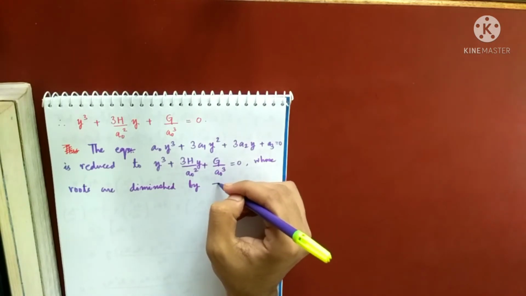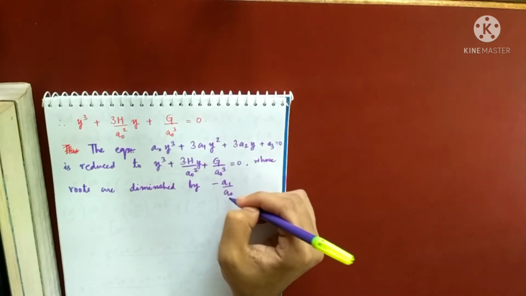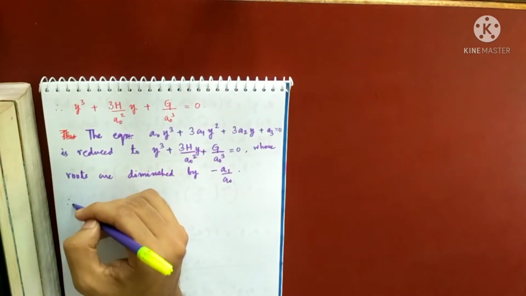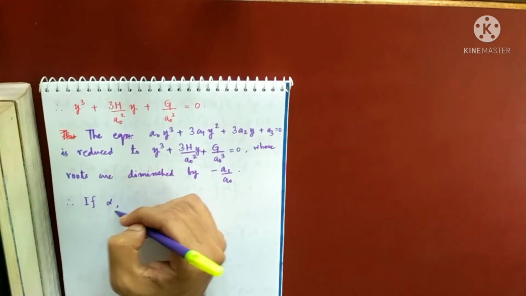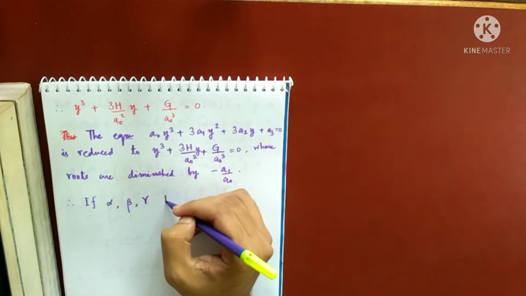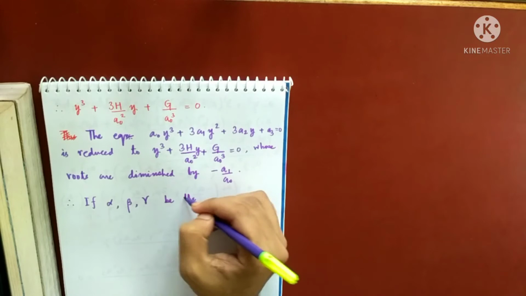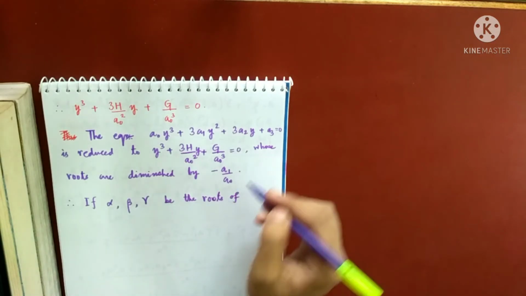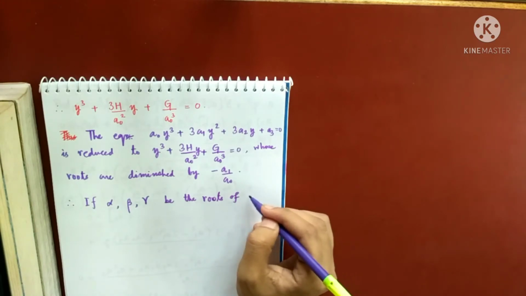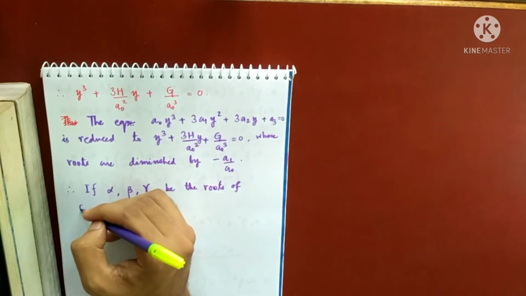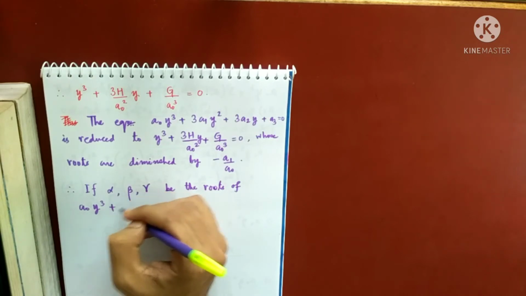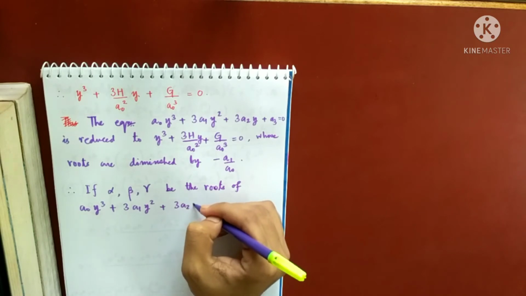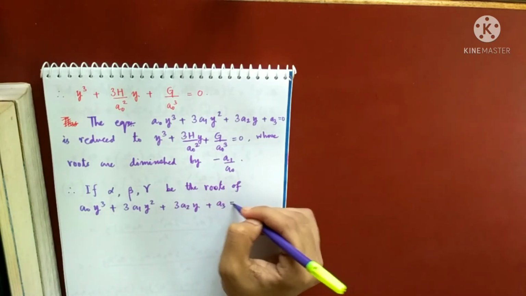What was the value of h? Minus a1 by a naught. So whose roots are diminished by this. Therefore, if alpha, beta, gamma be the roots of our original equation, a naught y cube plus 3a1 y square plus 3a2y plus a3 equals to 0.